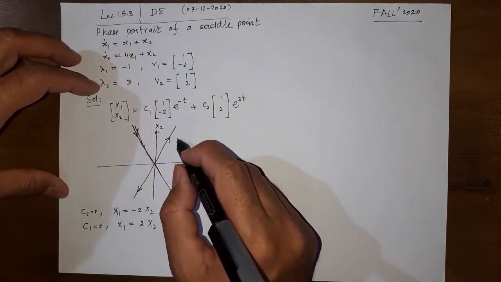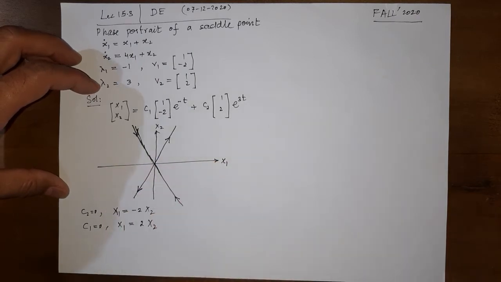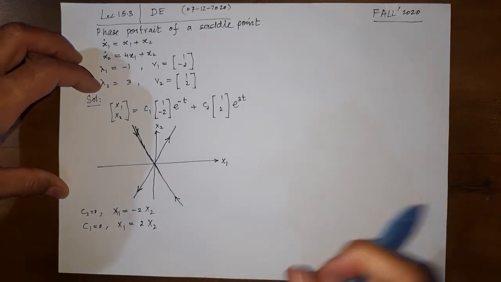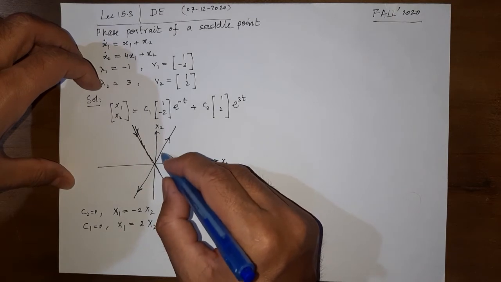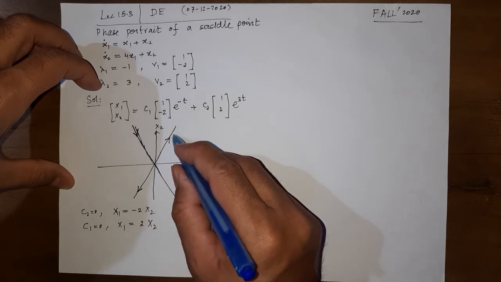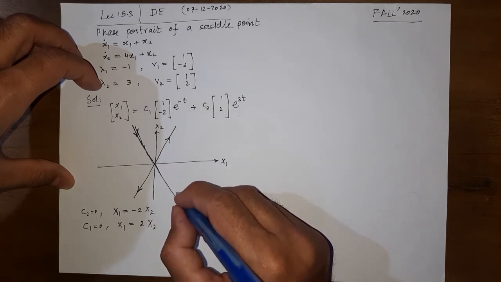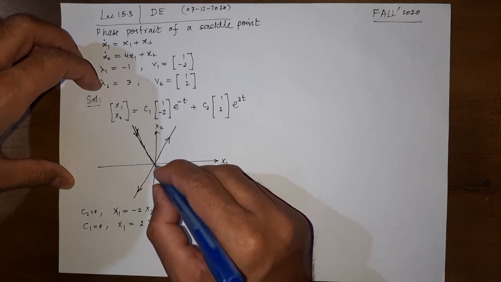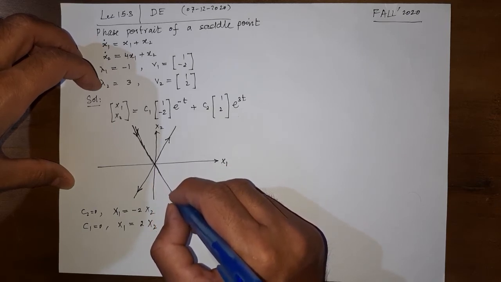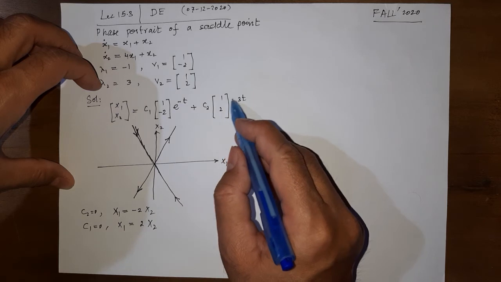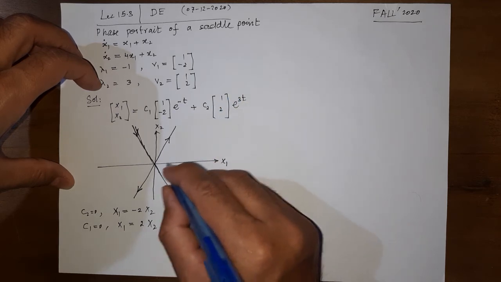And what about if we have an initial condition here or anywhere? Now you can easily guess what's going to happen. If we have something close to this one here, it will have a tendency to go out, and if we have something here, it will have a tendency to go in. However, not exactly being on this line means this term is not 0, so it will have some value.